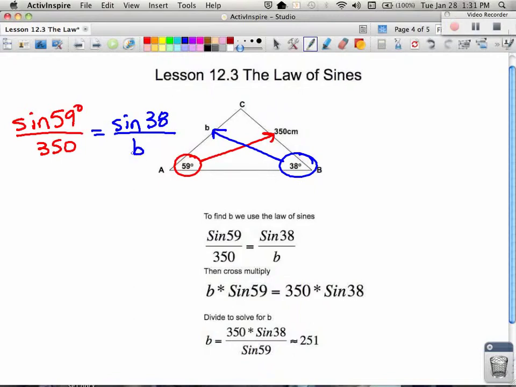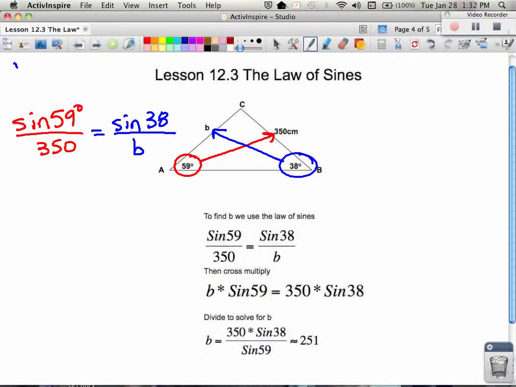So what we've done here is we've set up a proportion, where we have two ratios, or in other words fractions, that are equal to each other. And this is the relationship that I was talking about: the sine of any angle divided by the side opposite should be the same no matter where you are in the triangle.